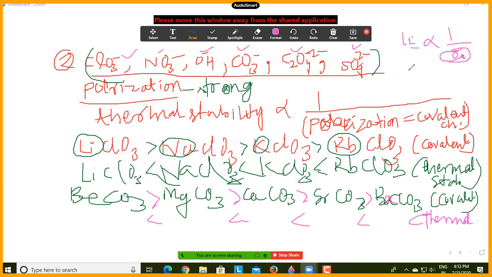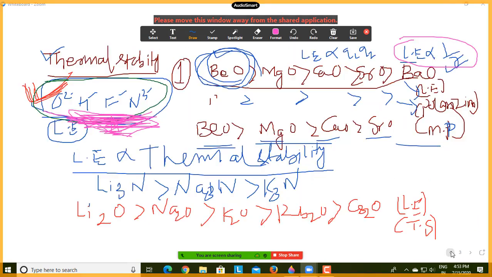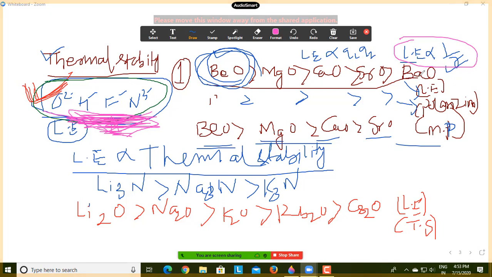So size of anion big means lattice energy is negligibly small. Here lattice energy will not be dominating; polarization will be dominating. But in this case, your lattice energy will be dominating. So if lattice energy is dominating, the order of lattice energy will be the order of thermal stability and order of melting point.